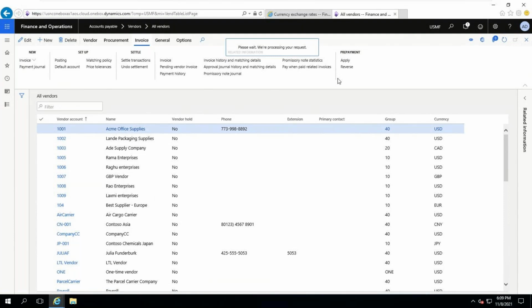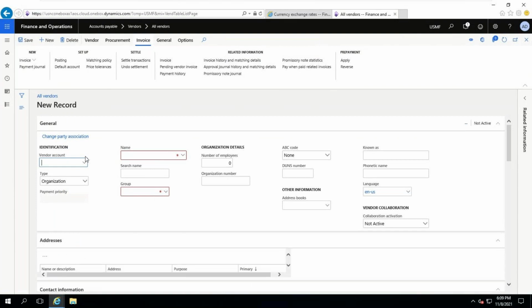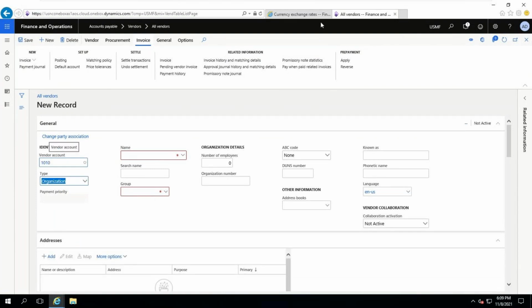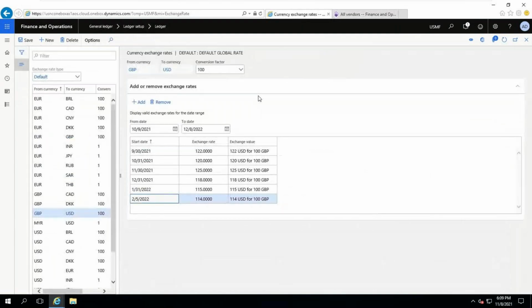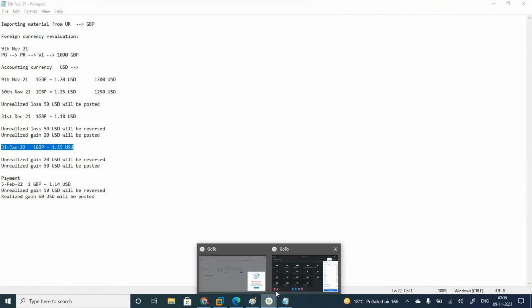Sorry to interrupt you, but in a real-time scenario, we cannot update the future date, right? Are you talking about exchange rates? Yes. Here we have given the November 31st rate and the December date, and again January.